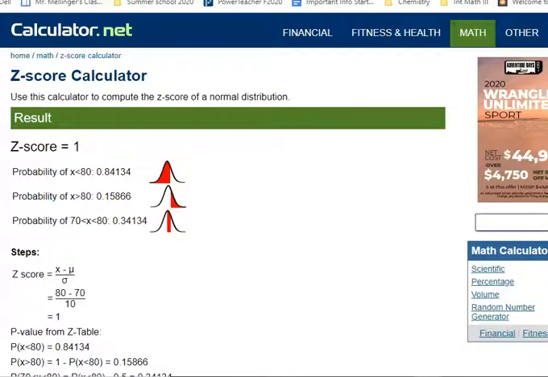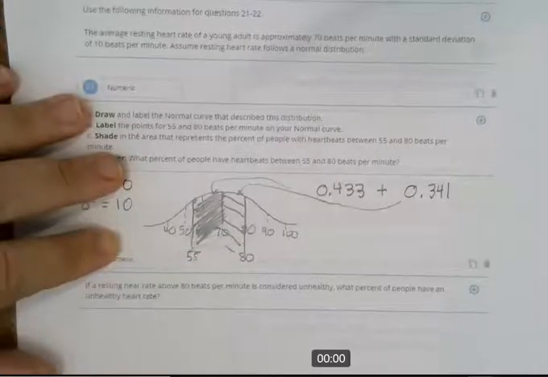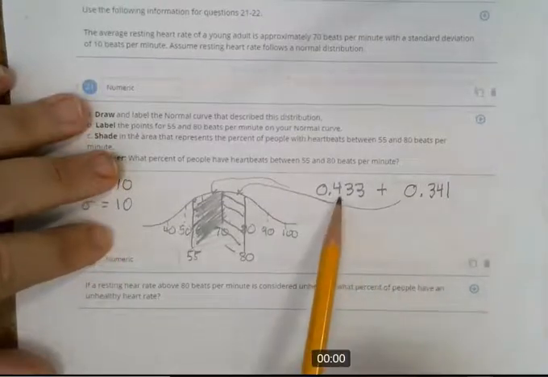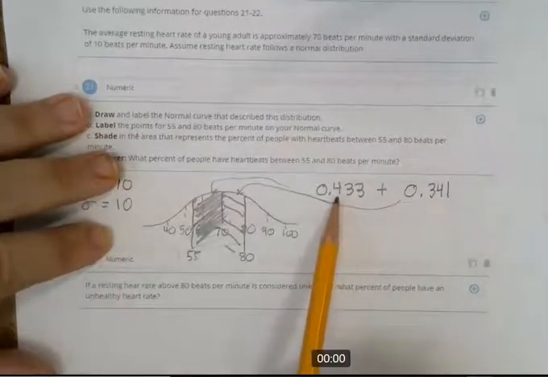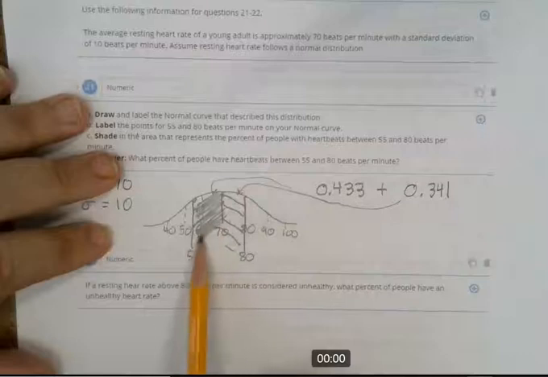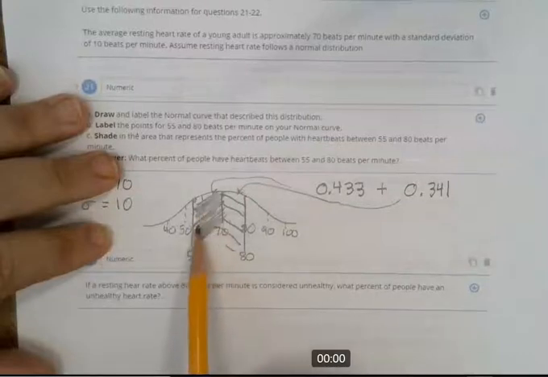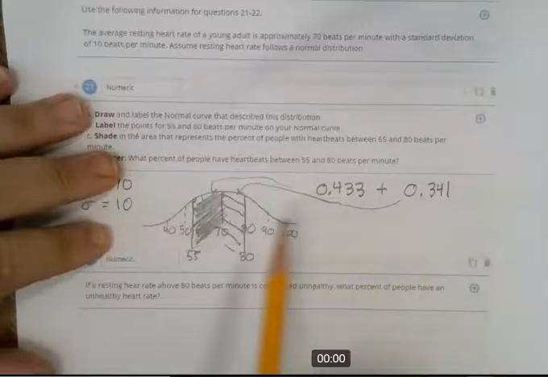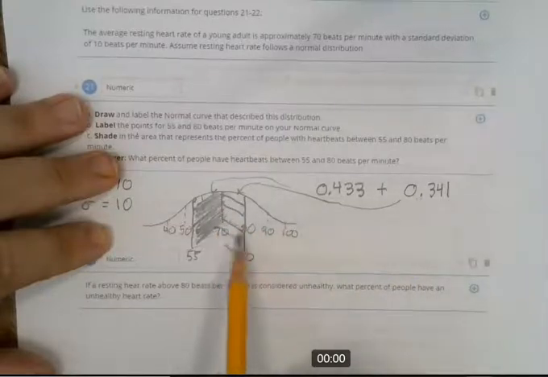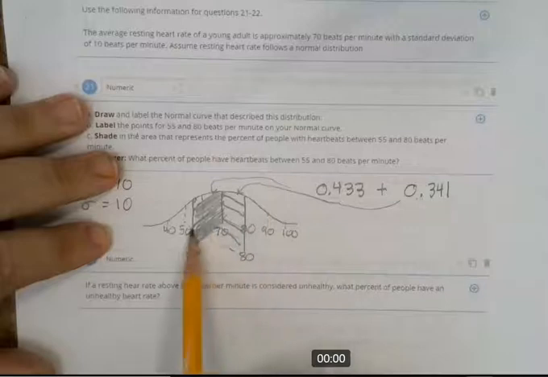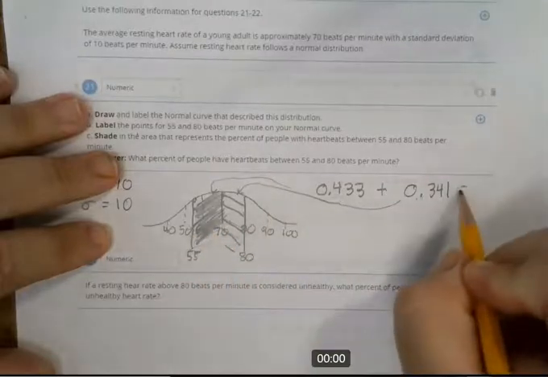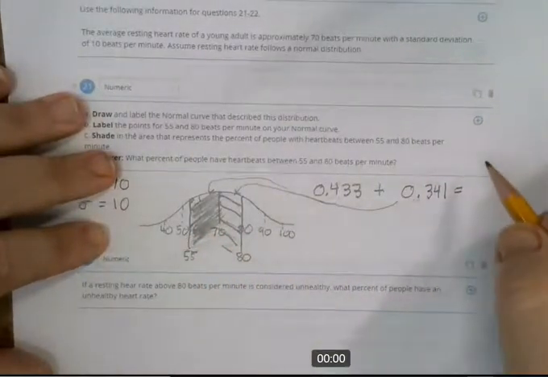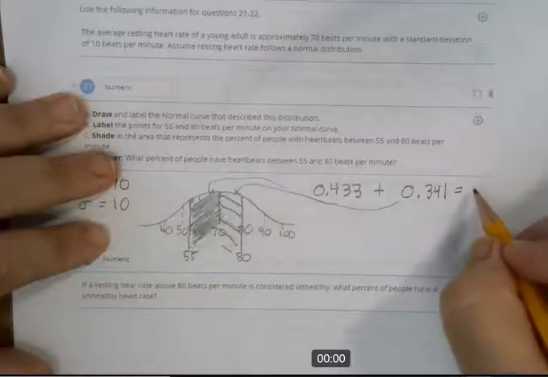Okay, so now I'm going to go back to the camera and you'll see what I was talking about. So the first one between 55 and 70 is this, where I colored it in. And between 70 and 80 is this number. And that was the one I did a hatch like that. So that'll give us the total there. So we add those two together. And that's going to be 0.774.